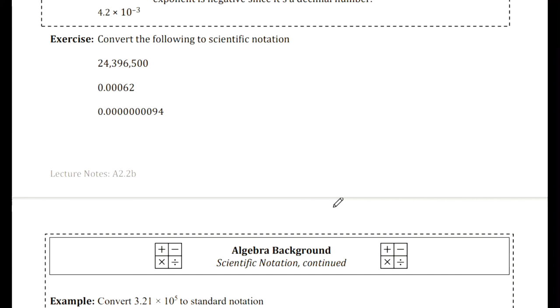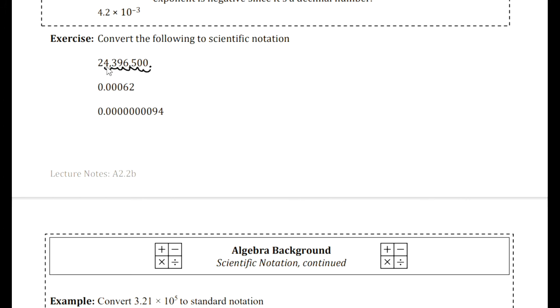The next three examples are perhaps even better examples of why scientific notation is efficient. These next numbers are getting fairly large and fairly small. So we have 24,396,500. Obviously, it's not between 1 and 10. So we start moving the decimal place until we get a number that's between 1 and 10. 1, 2, 3, 4, 5, 6, 7.